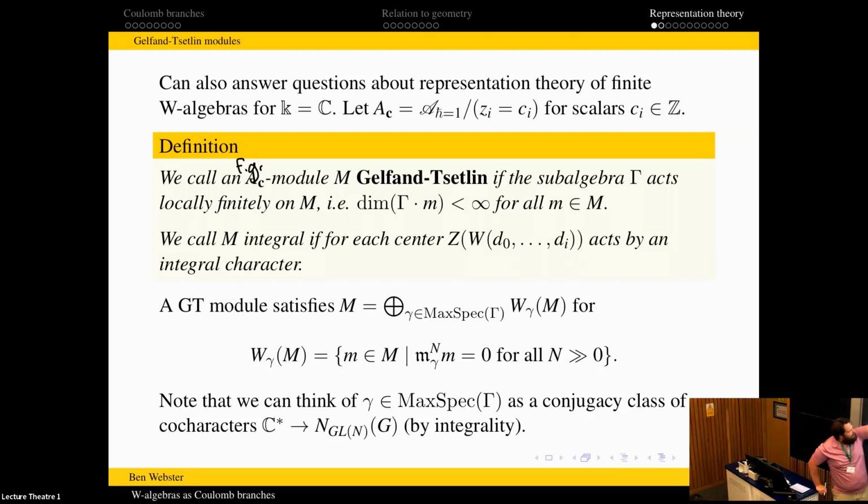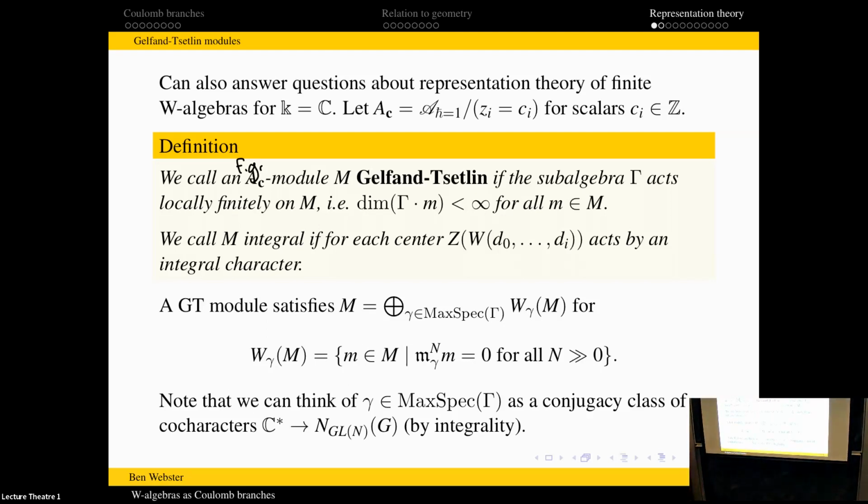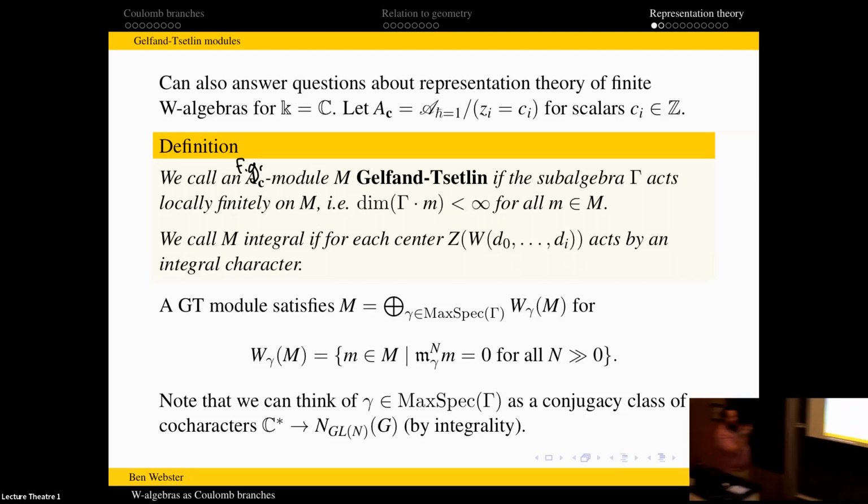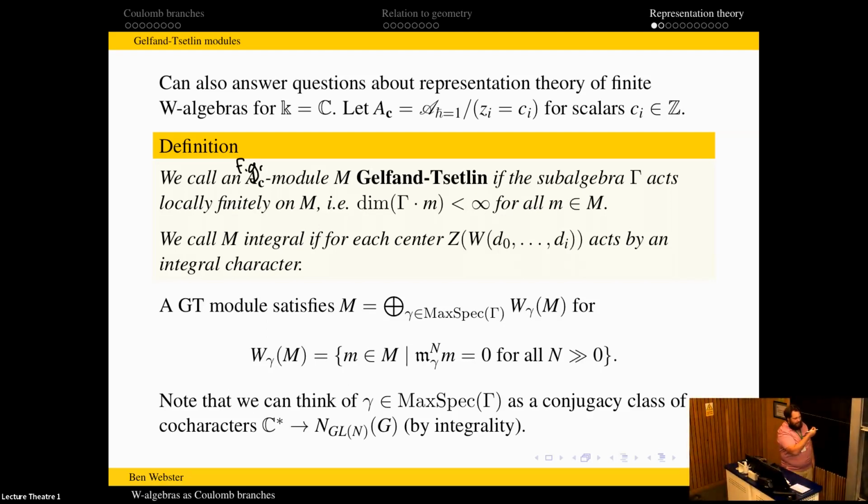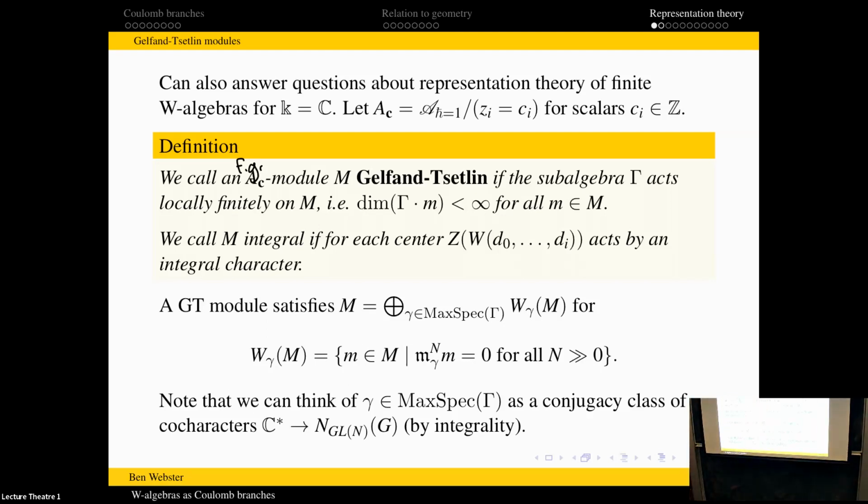And just to simplify my life, I'm going to look at modules that are integral, so not just integer values of C, but integer values of that specialization for all of these sub-W-algebras. So if I have this Gelfand-Tsetlin module, I have this finite dimensional space, so I can do Jordan decomposition on it.